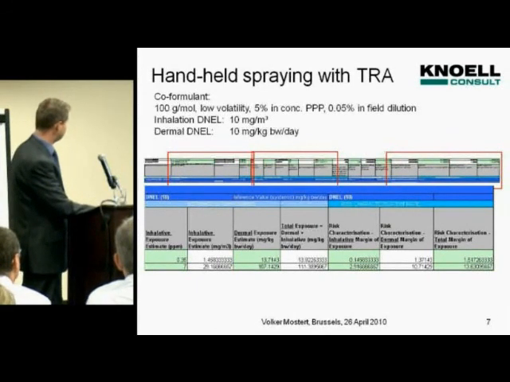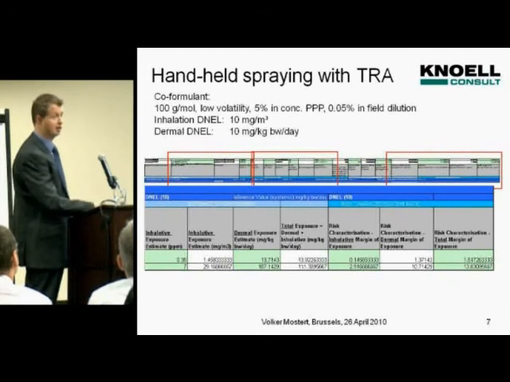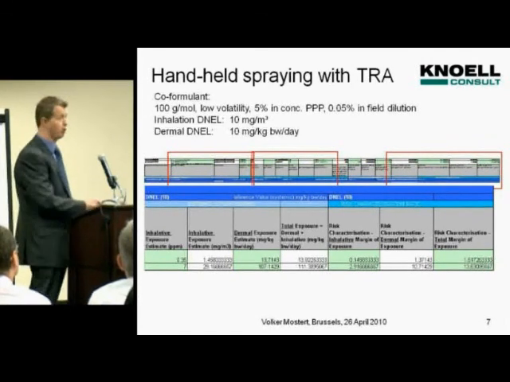And the spraying, which is this line here, gives you a very high inhalation estimate and also a very high dermal exposure estimate. You're above 1 for the inhalation RCR, and above 1 with the dermal RCR, leaving you a total RCR of 13.6. Again, you can reduce the dermal RCR by accounting for the 0.05.